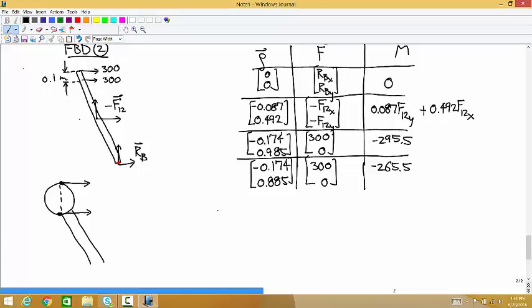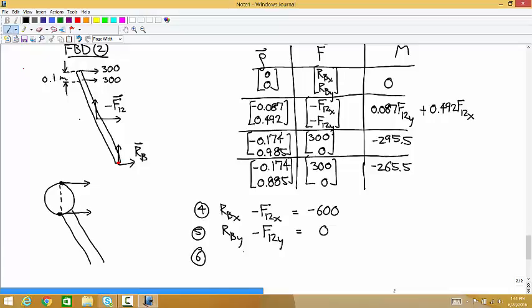Okay, so now equation 4 says RBX minus F12X is equal to negative 600. Equation 5 says RBY minus F12Y is equal to 0.